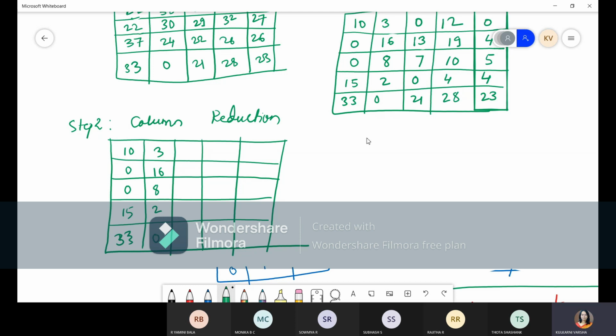Then next column, again 0 is there, so let us write as it is. Then next column, the minimum is 4. So subtract 4 from each: 8, 15, 6, 0 and 24. And then in the last one 0 is there, so no change.